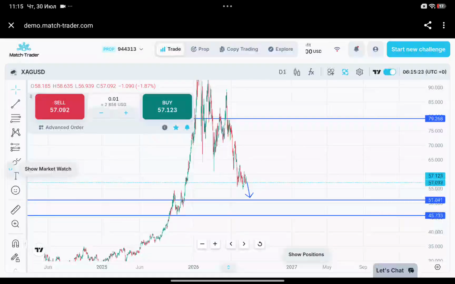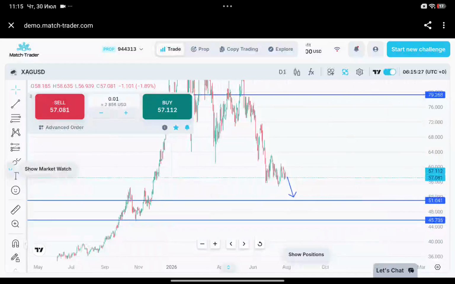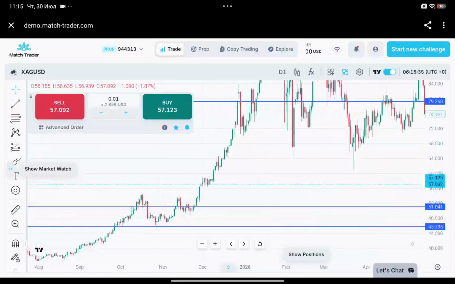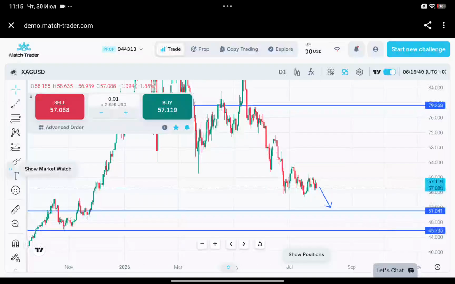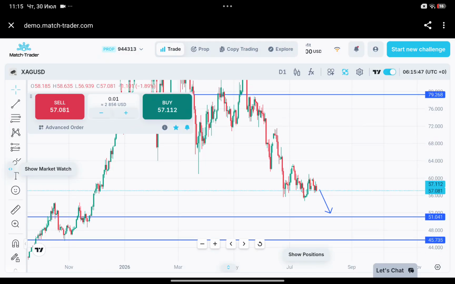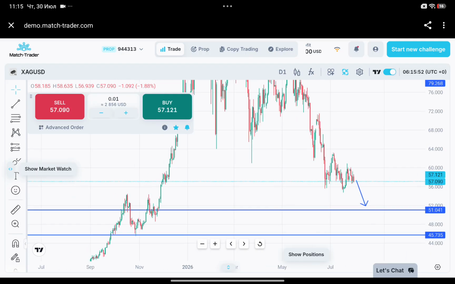Probably somewhere at $51, because if you look down to the left side right here, you're going to see a demand zone. The demand zone is where, let's say the price of silver goes down to a specific number and everyone wants to buy, and it's around $51, because it has happened literally twice in the past.